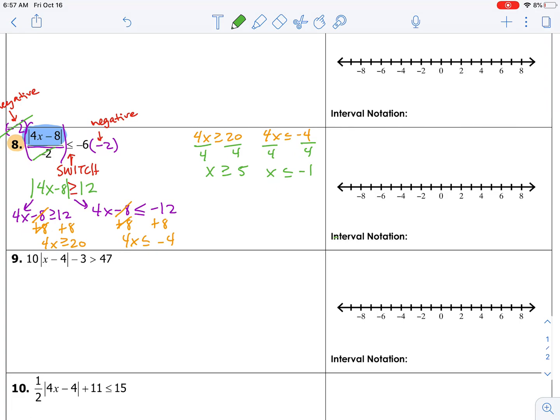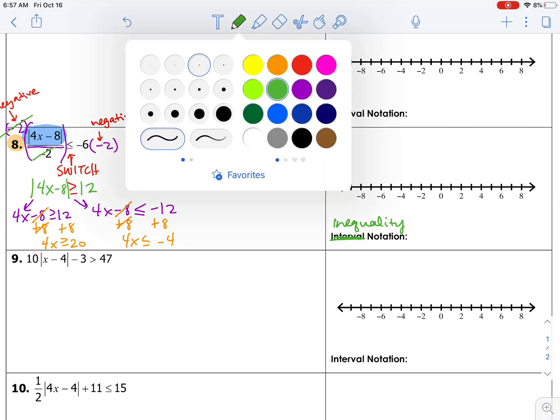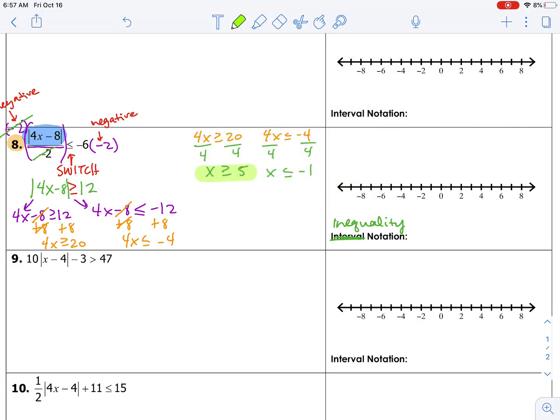So we'll graph this and see what our graph looks like. X is greater than or equal to 5 means I need a closed circle over the 5.